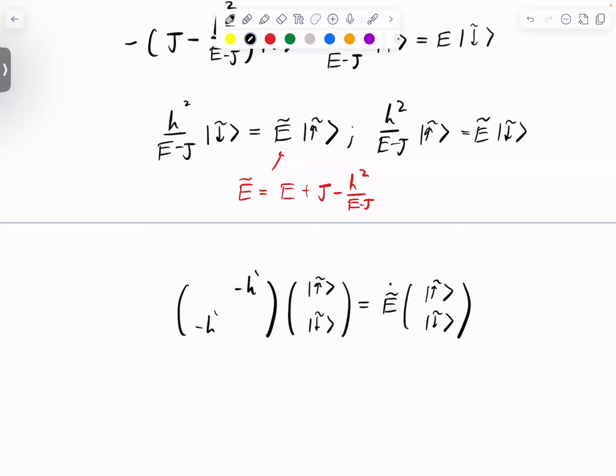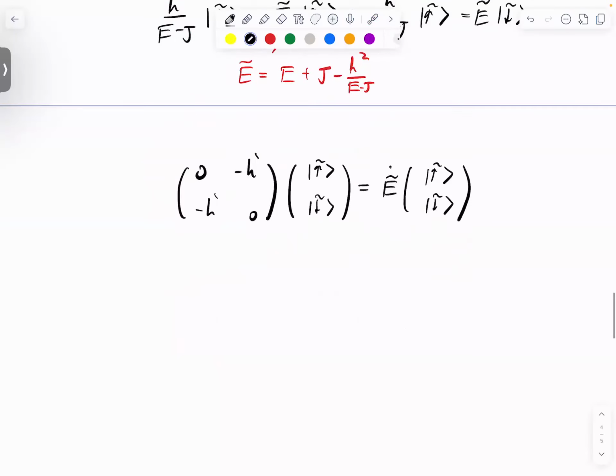So what this implies is that we found that the local part of our effective Hamiltonian is this H prime guy, which is exactly minus this thing.